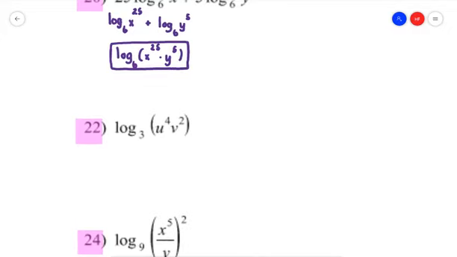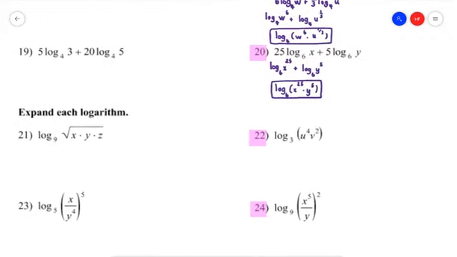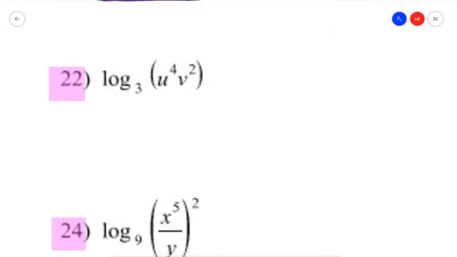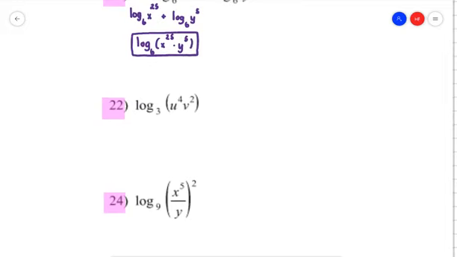On the next section, 22 and 24, we are expanding the logarithm, so we want to make it into more than one log. So whenever they are multiplying, that means there is addition in between them with the same base.